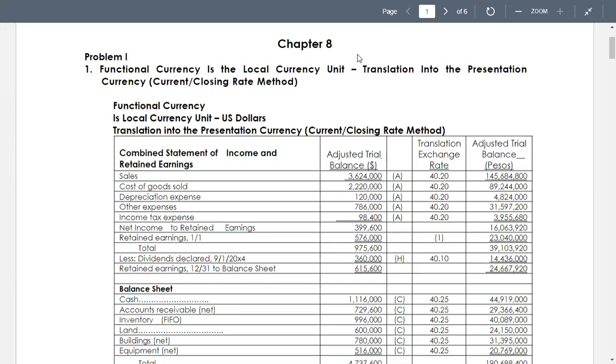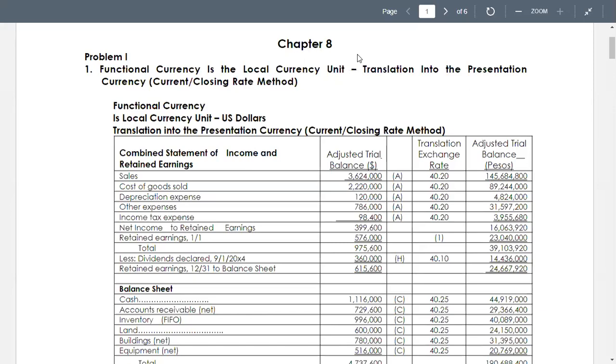Your net income or loss, as it should be reflected in your retained earnings statement, is the amount which is already translated as carried from the income statement. So I'm talking about the net income or loss already translated in the income statement.